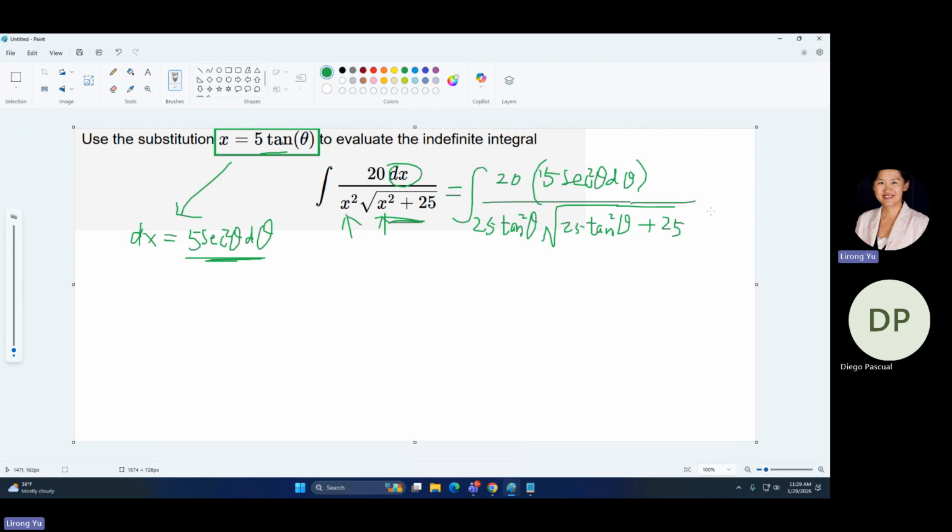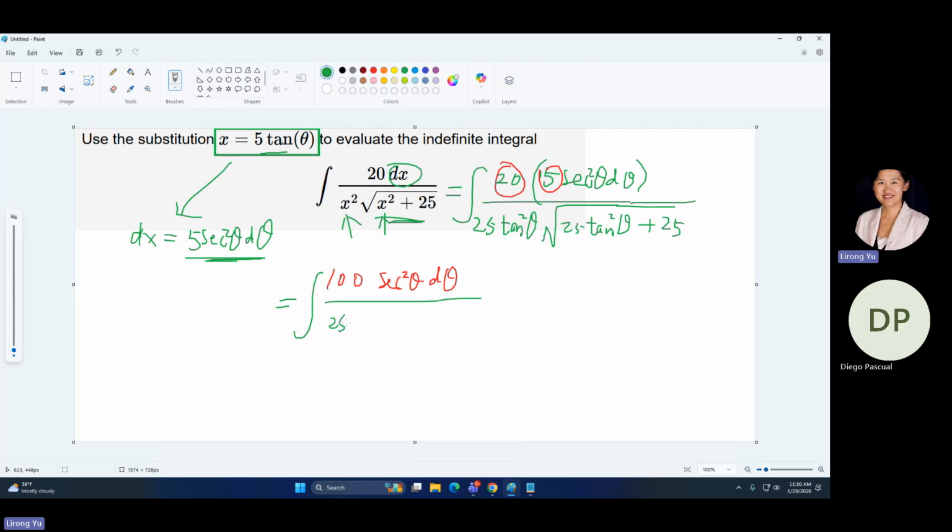Then we can see the numerator, simplify it along the way. The numerator will be, this is a 5, and there's a 20, so 20 times 5 is 100. We have 100 secant squared theta. Now in the denominator, we have to deal with the root part.